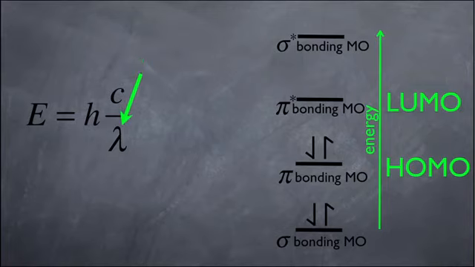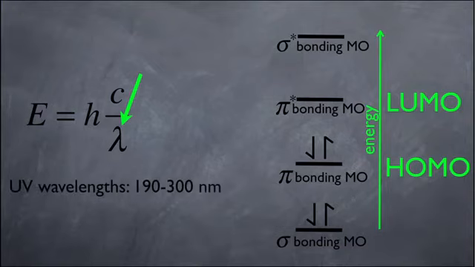Different lights have different wavelengths. And those wavelengths right here, remember, UV wavelengths, they're around 190 to 300 nanometers, okay? If you are a light wave and you have a wavelength that's between 190 and 300, you're considered UV light. So that means that UV light has a certain lambda wavelength which corresponds to a certain amount of energy.